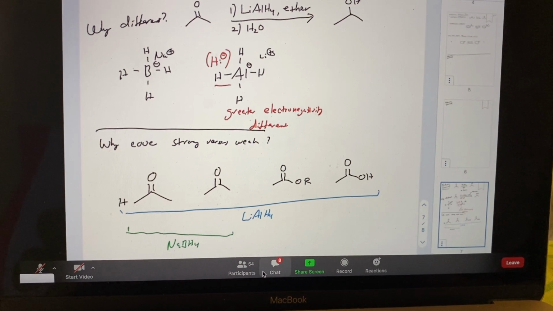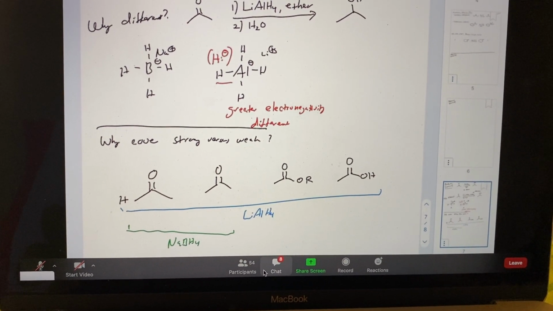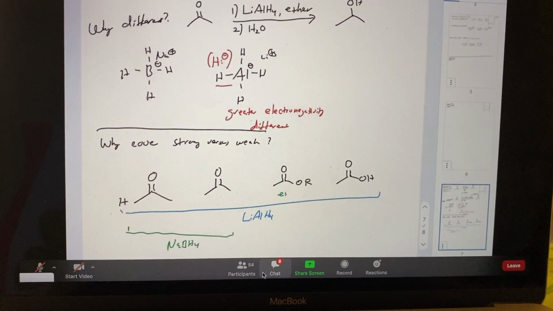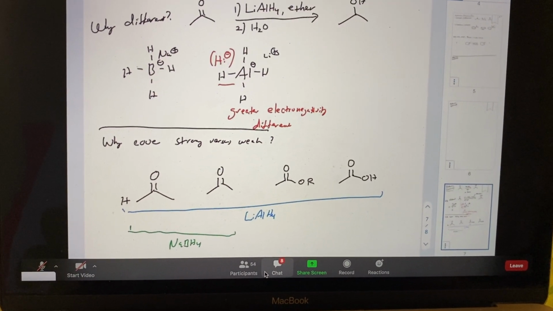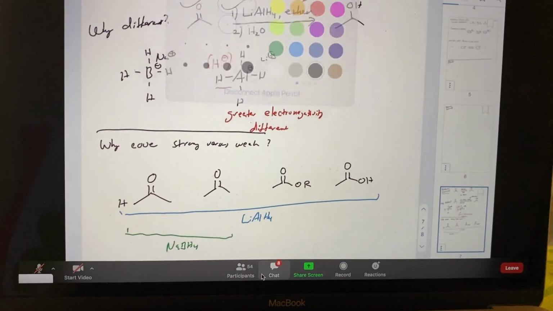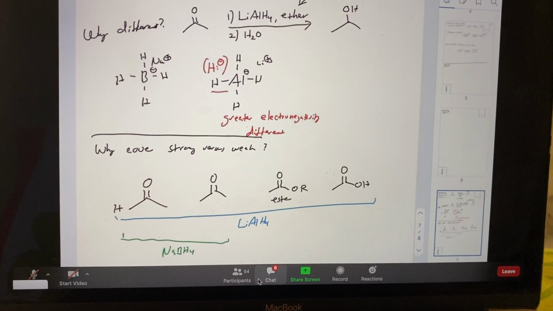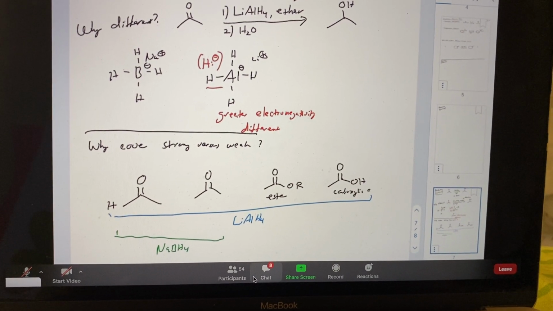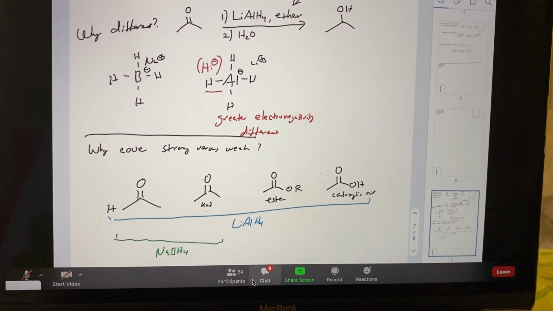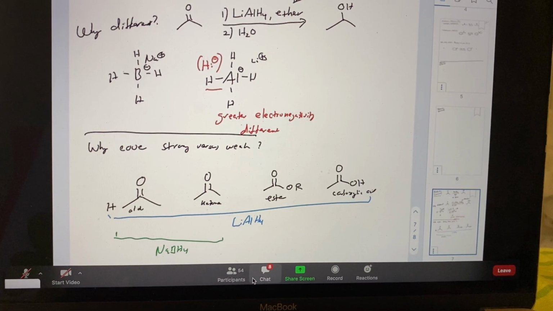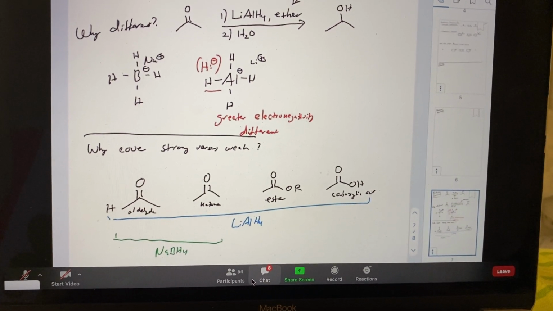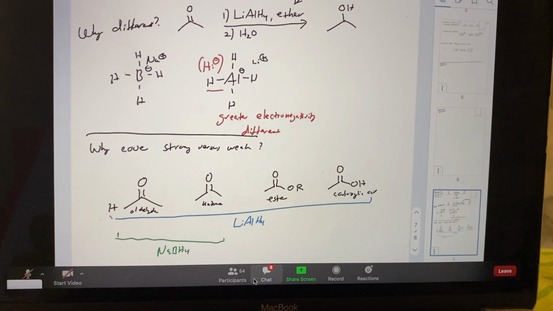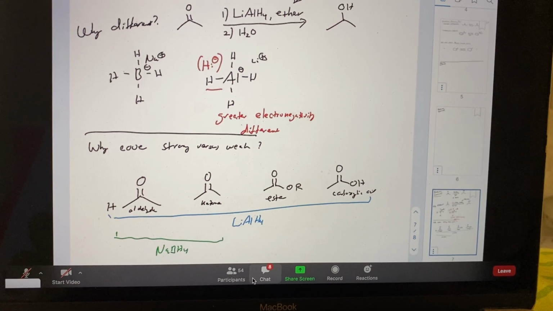However, if you wanted to reduce an ester or a carboxylic acid, so our ester or our carboxylic acid, we've seen these already quite a bit. Ketone, aldehyde. If you want to reduce an ester or carboxylic acid, then we cannot use sodium borohydride, and we'll have to use the lithium aluminum hydride.